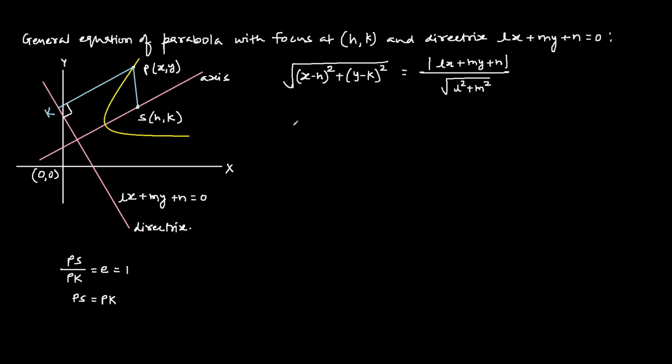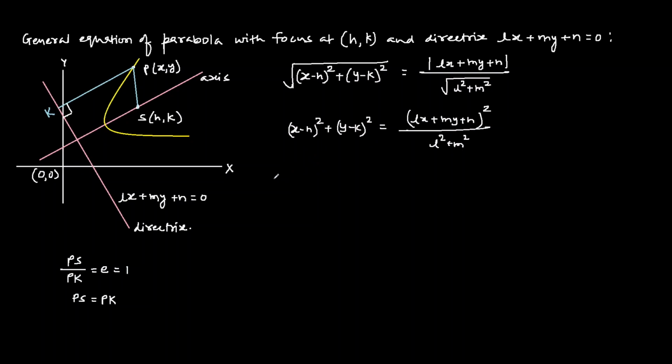Now squaring both sides, we have (x minus h) square plus (y minus k) square equal to, in the numerator, (lx + my + n) whole square divided by l square plus m square.